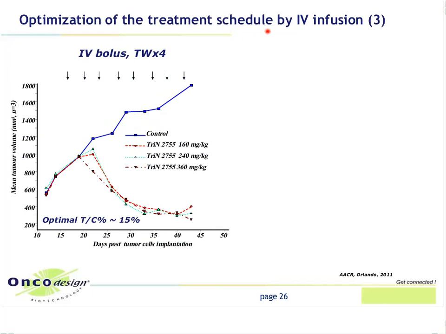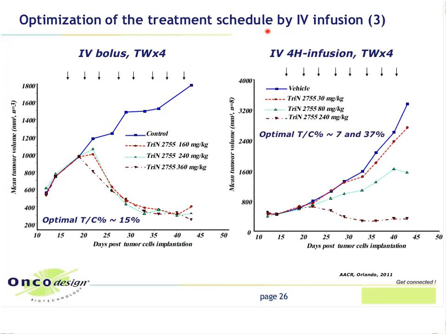When dosed by IV infusion, we observed a dose response in this model where the dose of 30 was not efficacious. We observed a moderate activity at 80, while a complete regression of tumor when dosed at 240, like by IV bolus.